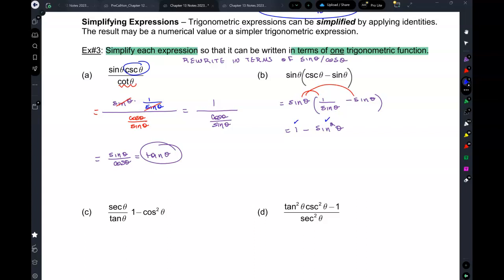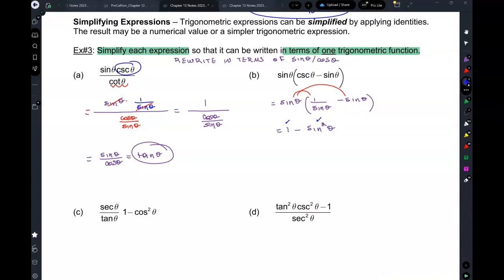So, do we have a Pythag? Okay, so the first one has that. Let's use that one. The identity says sine squared theta plus cosine squared theta equals 1. Now, these are not rigid structures. These are meant to move around, okay? What if I subtract sine squared from both sides?